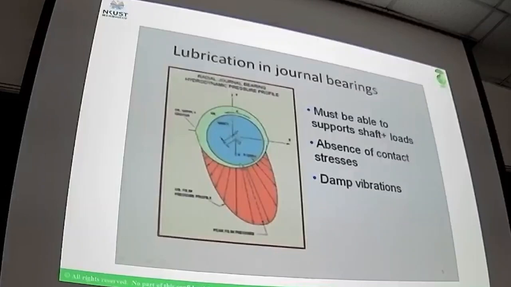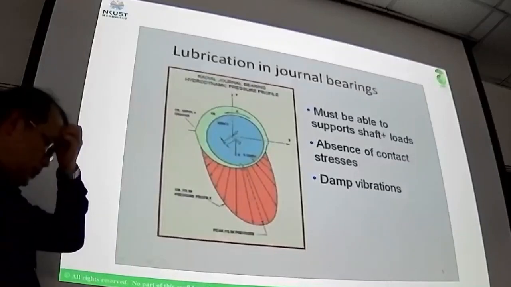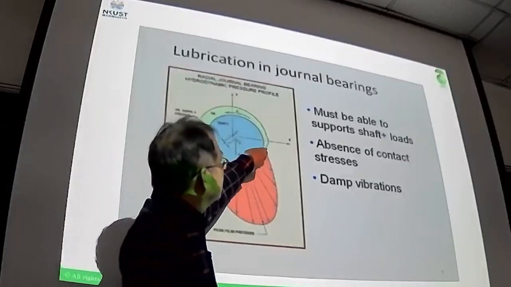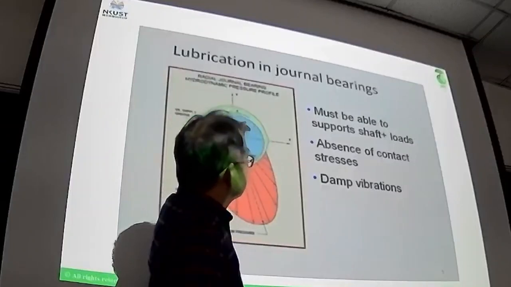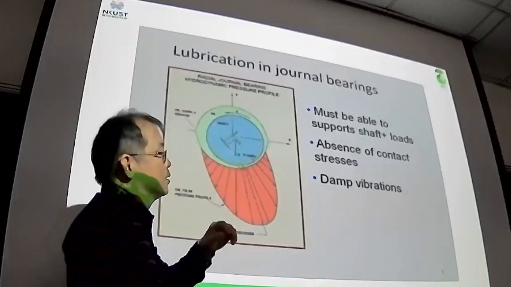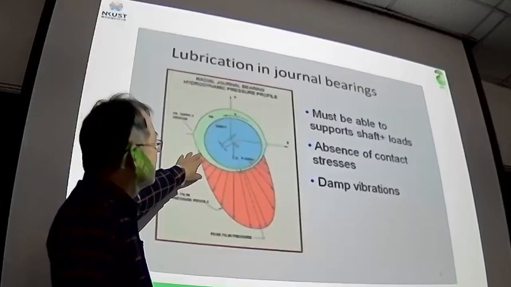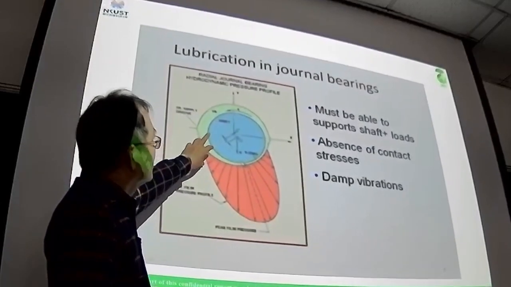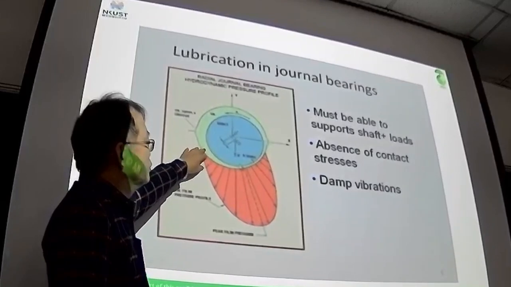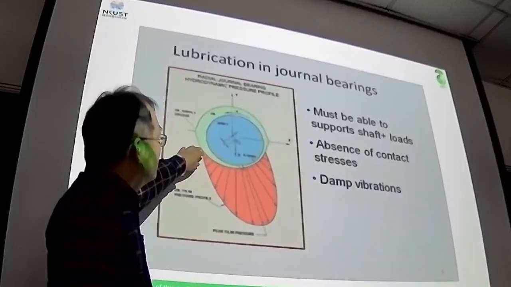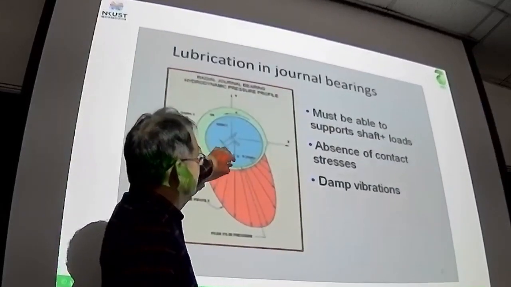So this is the journal, the outside of the journal. This is the shaft. So if you have some loading condition like this, usually we will fill all the surface with some lubricant.